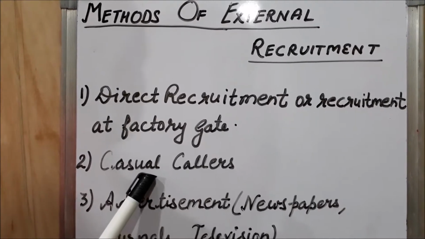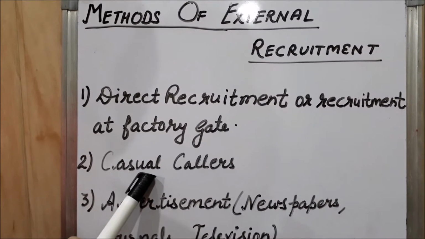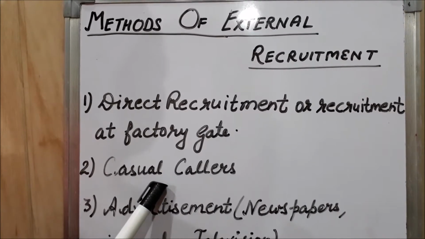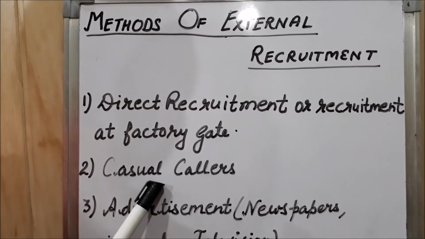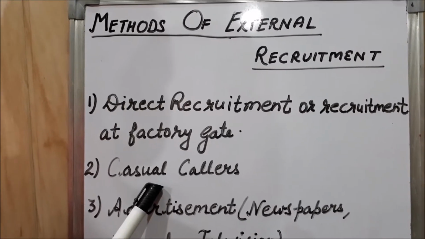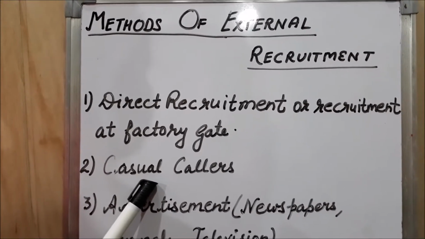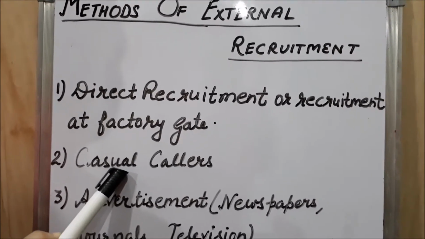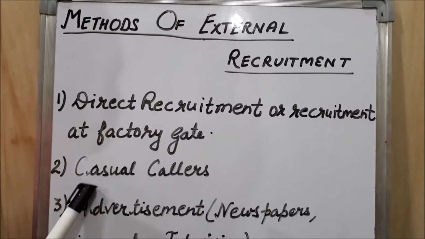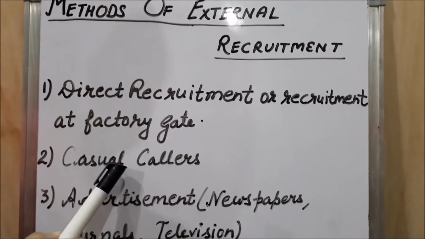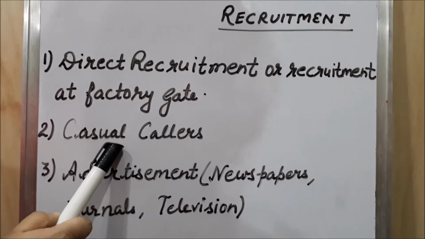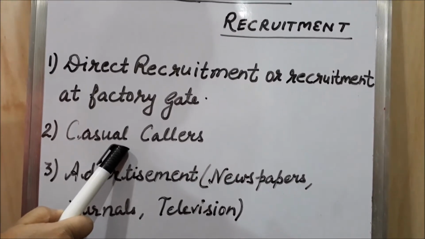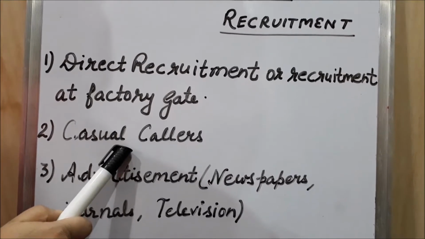In the future, whenever there are vacancies in the organization, rather than giving an advertisement, they call the candidates from such a record maintained by the companies. They take their interviews and written tests, etc., and select the best candidate. This is called casual callers. The advantage of this method is that there is no need to give any advertisement. No amount is spent on advertisements.